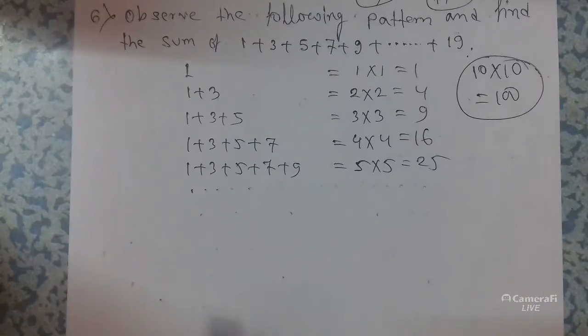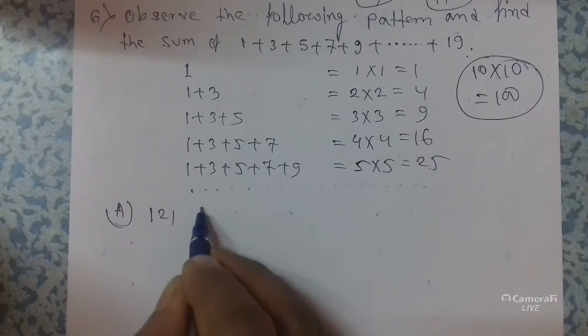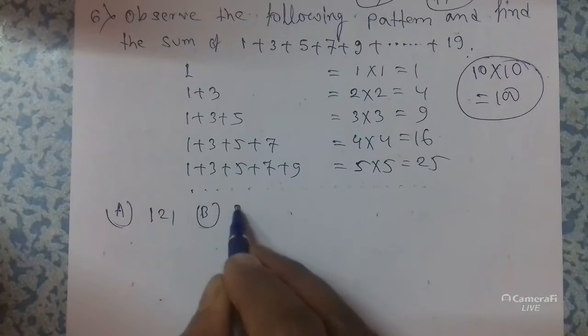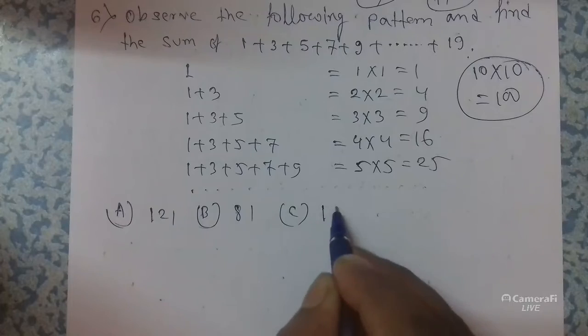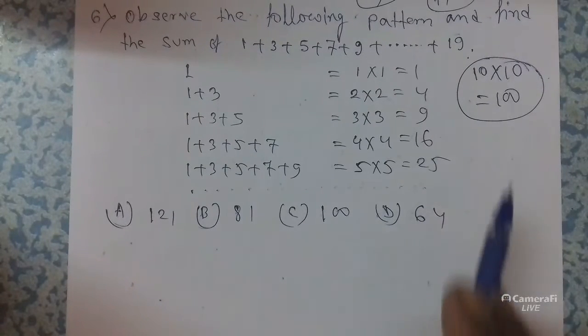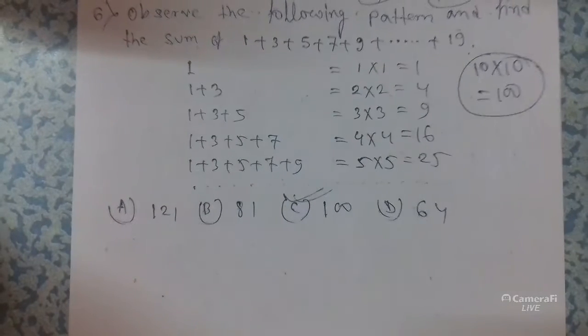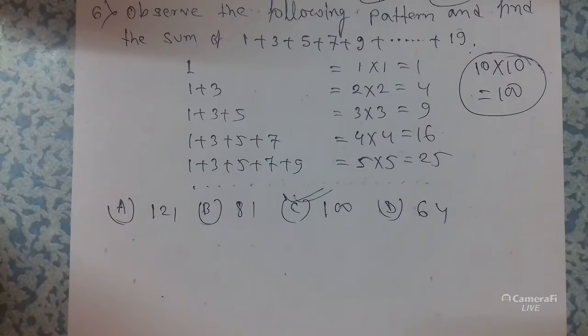So the options are given. Option A is 121. Option B is 81. Option C is 100. And option D is 64. So we have already found that 100 is the correct answer. So option C is the correct answer.